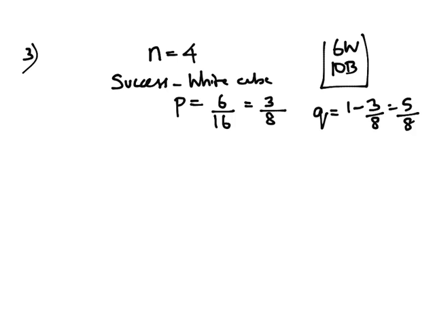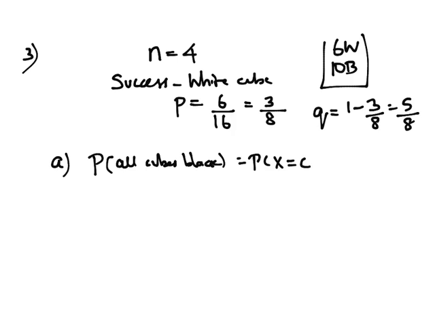Now the first question is, what is the probability that all cubes are black? All cubes black means there is no white cube. So P of x equal to 0, isn't it? Now this is a particular value.